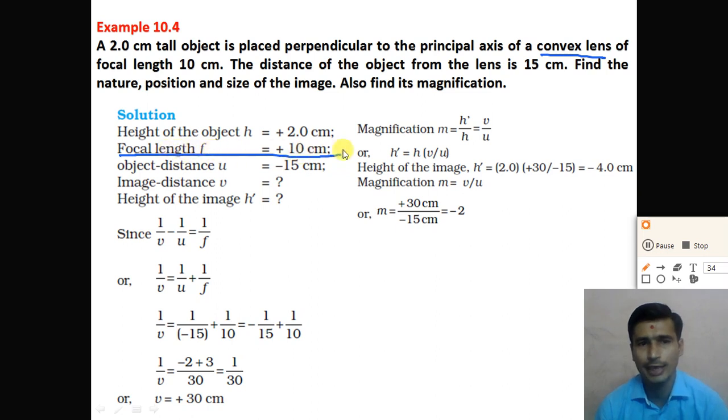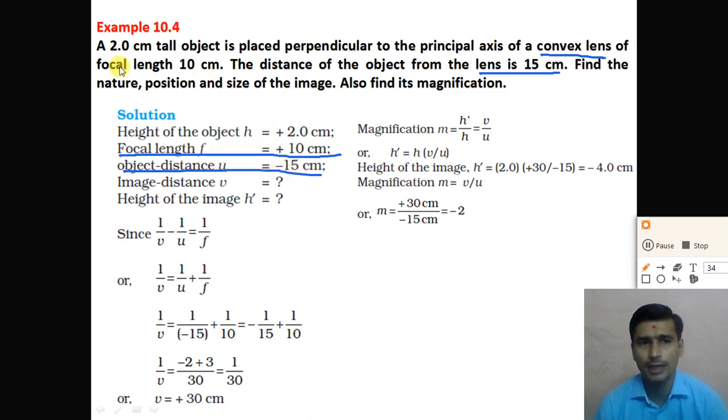The distance of the object from the lens is 15 centimeter. So here the object distance u is given as 15 centimeter. Object distance we always take as minus. So we take the object distance u is equal to minus 15 centimeter.